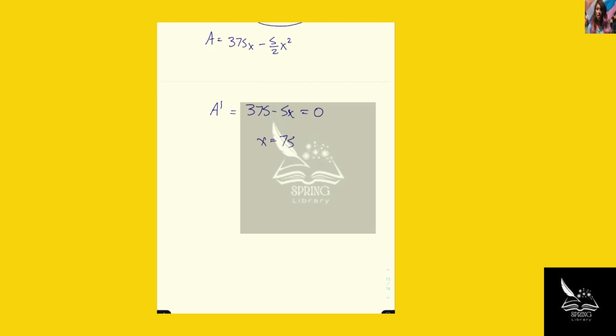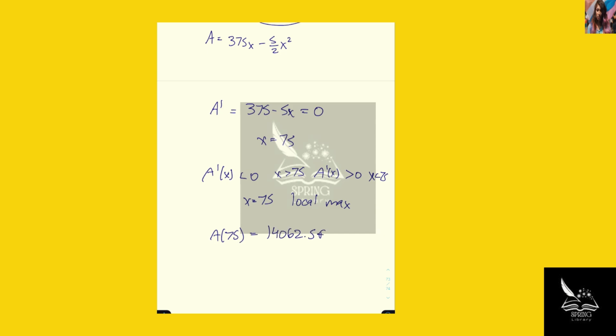So what that tells us is that A prime of x is less than 0 when x is greater than 75, and A prime of x is greater than 0 when x is less than 75. So we see that x equals 75 is a local max. In that case, A of 75 is going to equal 14,062.5 feet squared.